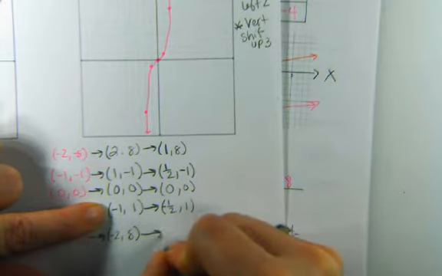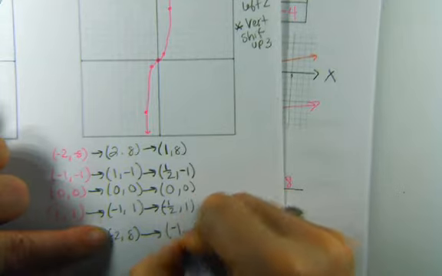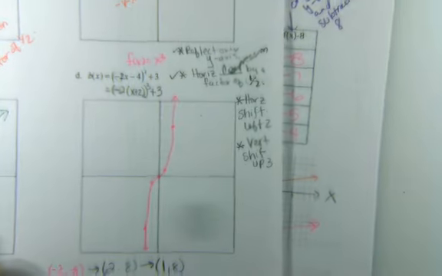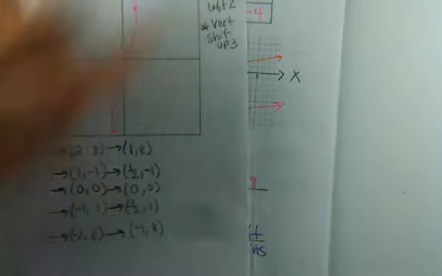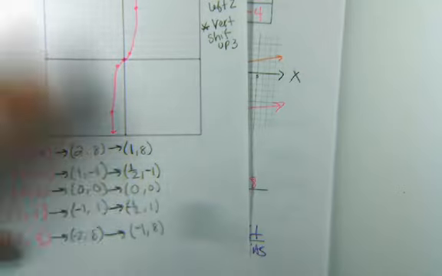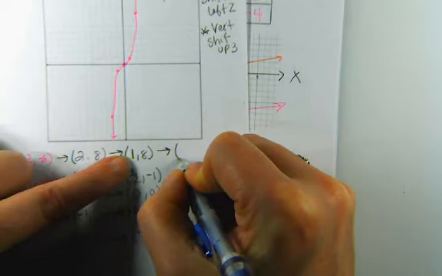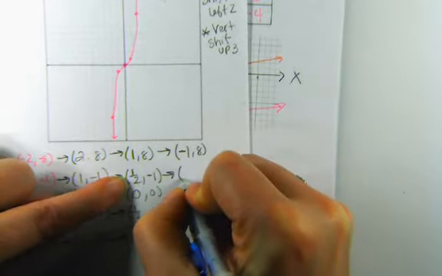Next, I'm going to do shift left 2, which is subtract 2 from all of my x values. 1 minus 2 is negative 1, leave the y value alone. 1/2 minus 2. So you can do this on the graph if you wish. 1/2 minus 2 would be negative 3/2.